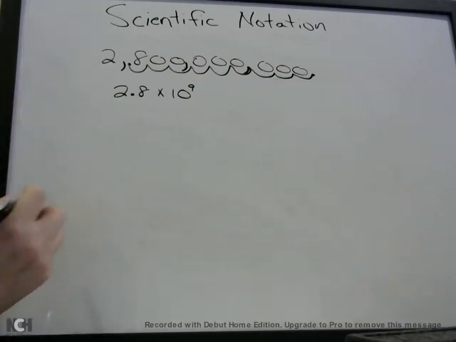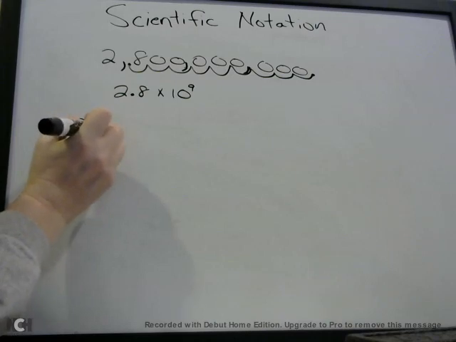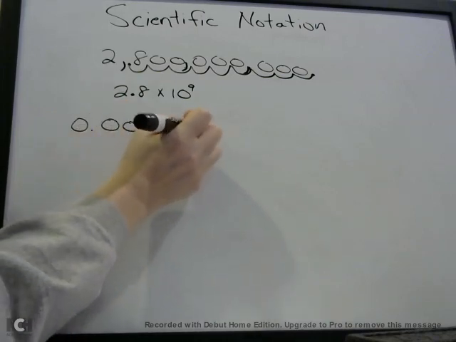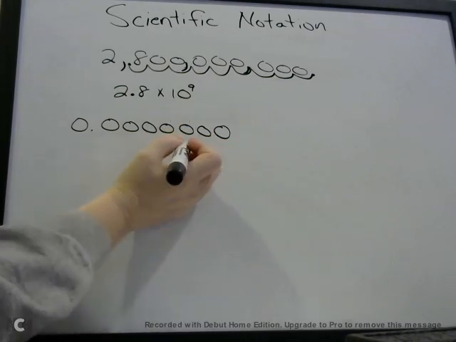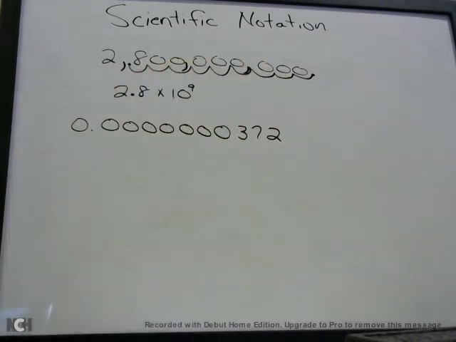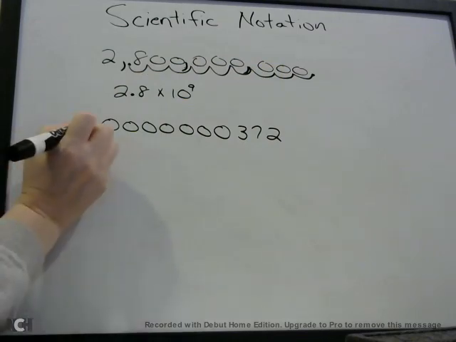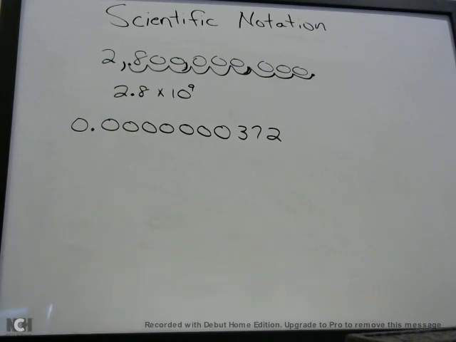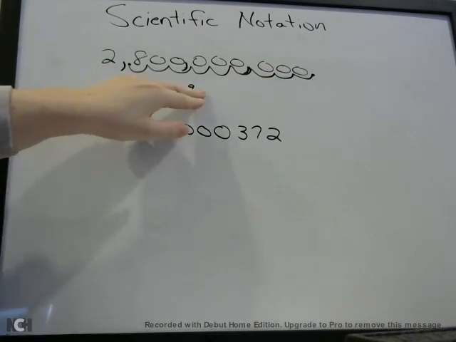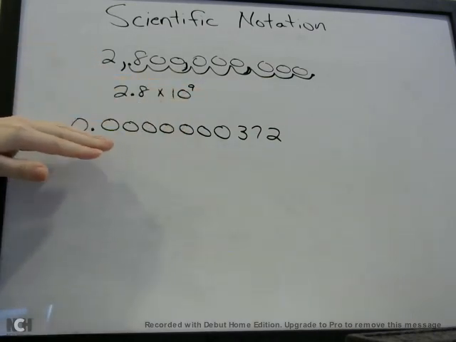Let's do 0. There's 7 zeros here. 372. Okay, so now we have our decimal point here. So remember, if it's a very large number, you're going to have a positive exponent. It's a very small number, you're going to have a negative exponent.